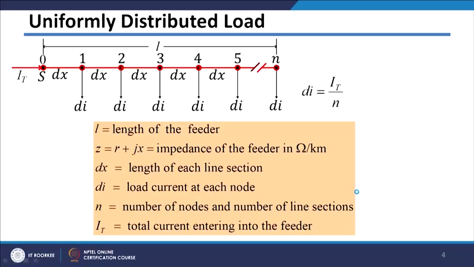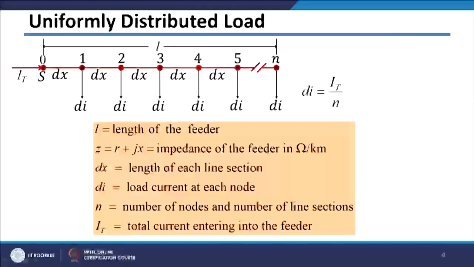Let us see how we can approximate these uniformly distributed loads. Let us say you have a feeder, as shown in this figure, ranging from node number 0 to node number n, and there are uniformly distributed loads, each taking a current of, say, Di. So, the current taken by each consumer connected to the distribution system is Di.